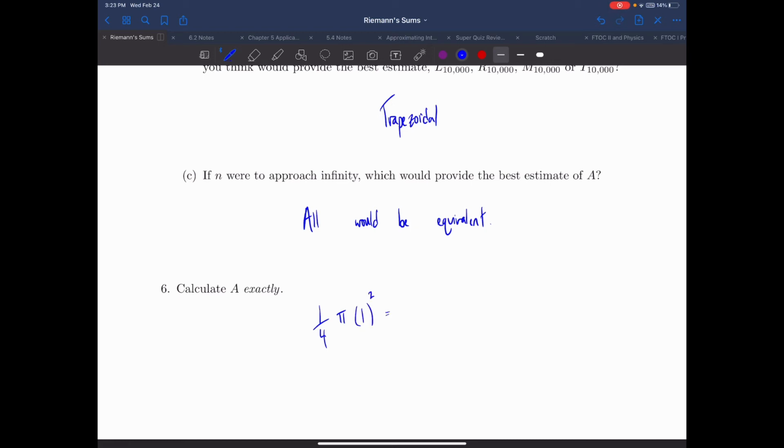So the area is just pi over 4. Okay, and just to compare it in decimal form, that's pi over 4, and so this would be approximately 0.785. So as you can see, although that is an estimate in and of itself, the first estimate we did with left-hand sums was 0.859, and we said that was an overestimate, and it clearly is an overestimate.